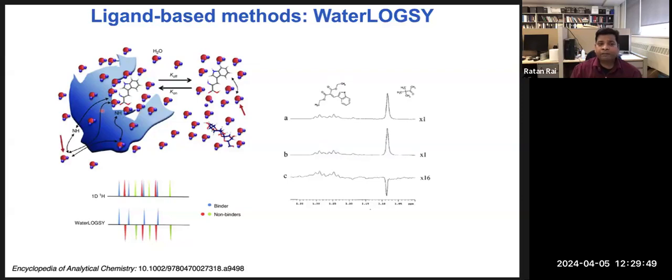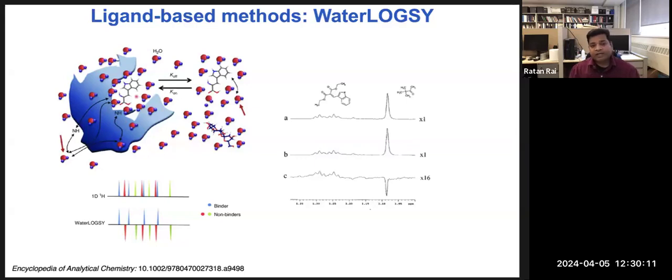It will displace all the waters from there, and because this is the surface of the protein and there are so many water molecules, it will interact through this pathway. Another pathway is chemical exchange, because there are several NH resonances through which it can interact.